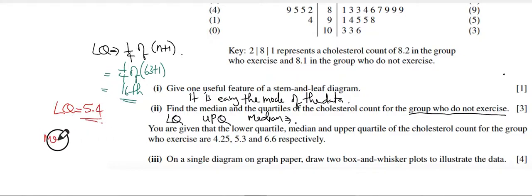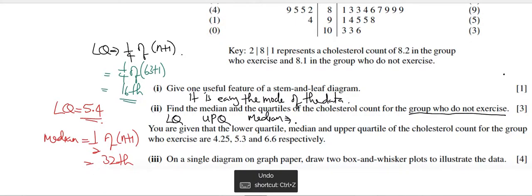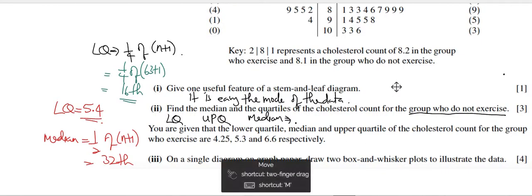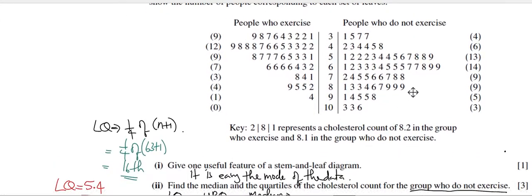Let's look at the median. Again, the median is half of n plus 1. In this case we have 64 divided by 2, which is the 32nd value. What do we have for the 32nd value? Counting, that's 10, 10 plus 13 is 23, 23 plus 14 is already 37, so I need to subtract 5, so 37 minus 5.